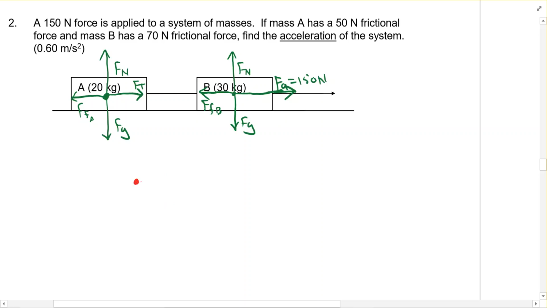The free body diagram for the system here is going to be the force of friction A, and then the force of friction B, just the two of them together.